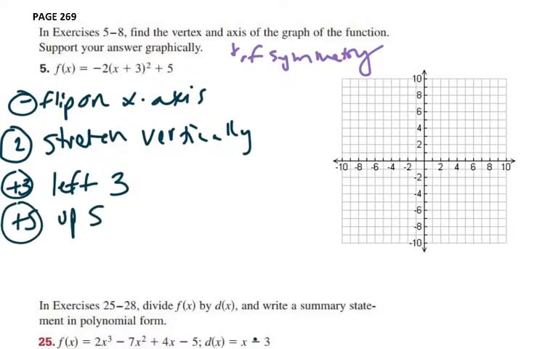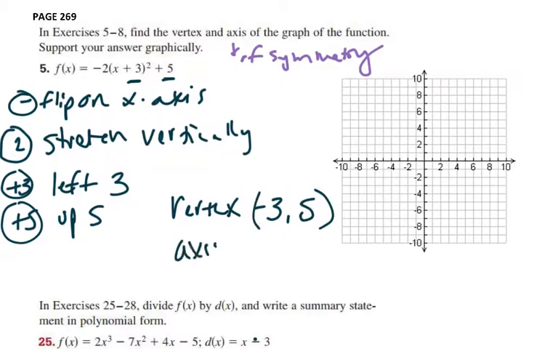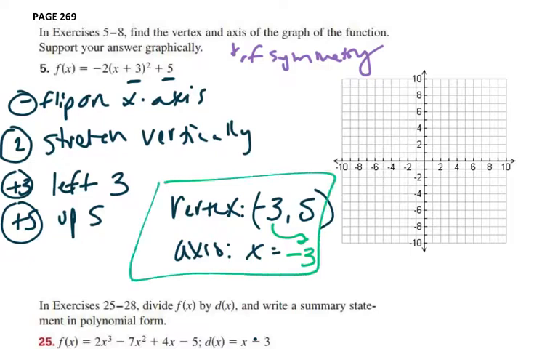So, let's see. The vertex of this graph is, because it's in vertex form, right here. So our vertex is at -3, 5. And then the axis of symmetry is always at x equals the x value of the vertex. So we'll support it graphically by flipping on the x-axis.